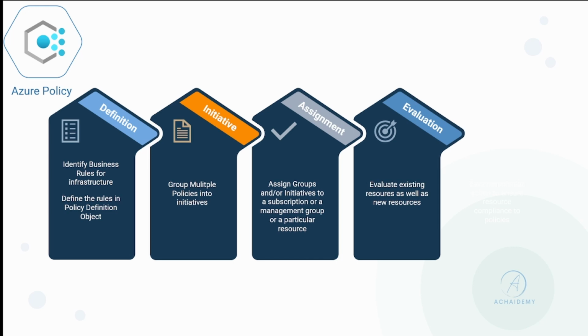The recommended approach for evaluation is to do an audit of existing resources, which is automatically done whenever a policy is assigned. Depending on the condition in the policy of an audit, a new resource would automatically be checked for the conditions. You could finally deploy and monitor the resources using the evaluation option.